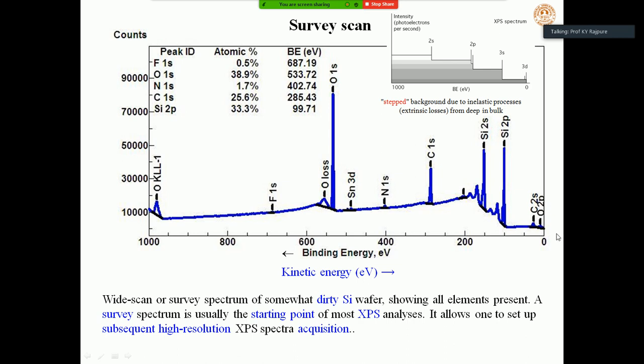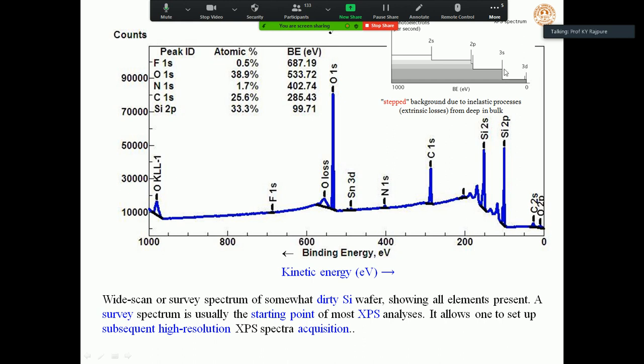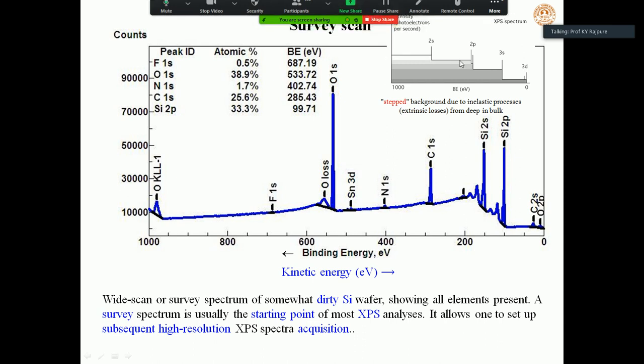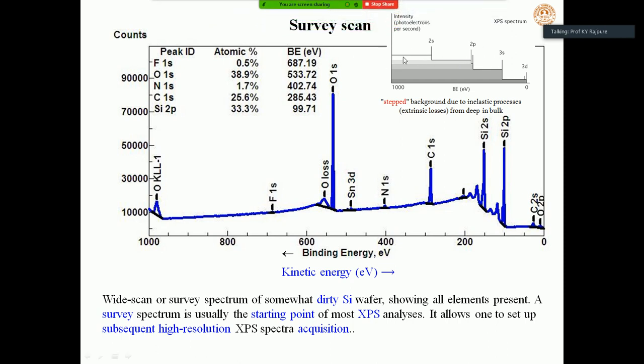You will see that the nature of the survey scan spectrum is like steps, as if we are going up a temple, step by step. Why is there a step-like nature? Keep in mind, the 2s electron is on the innermost position.